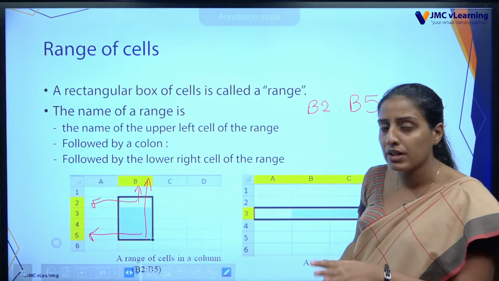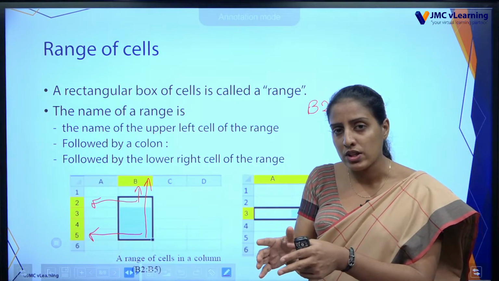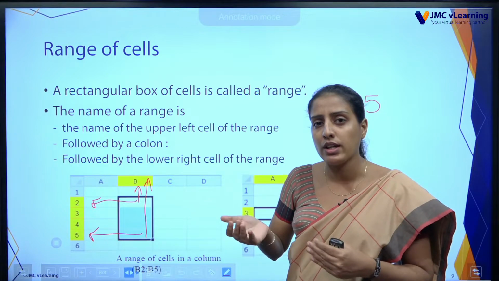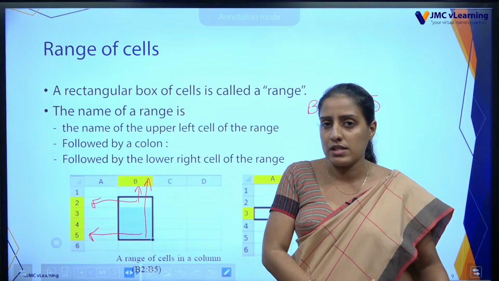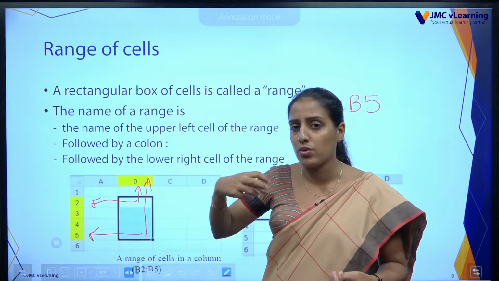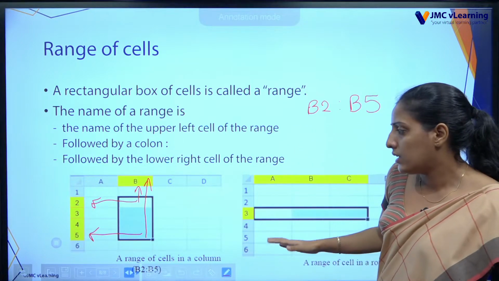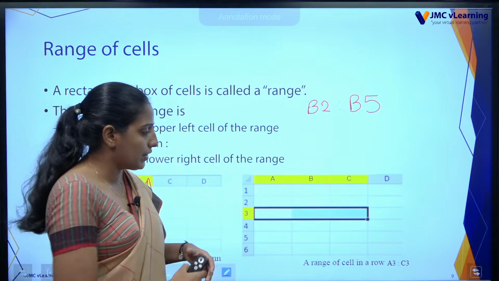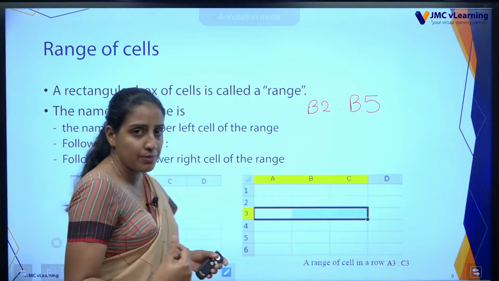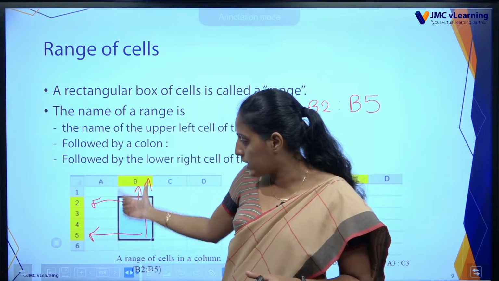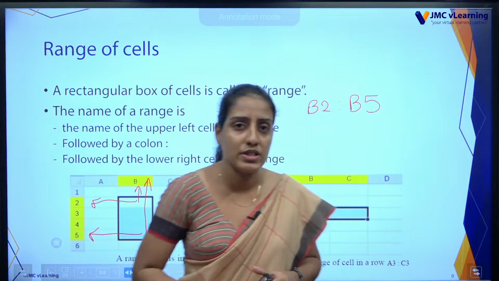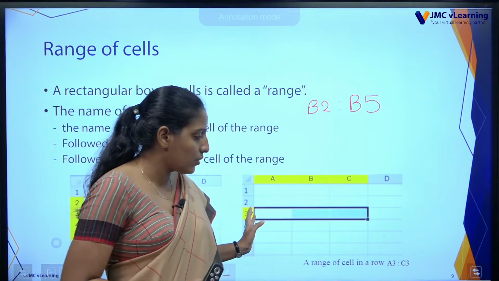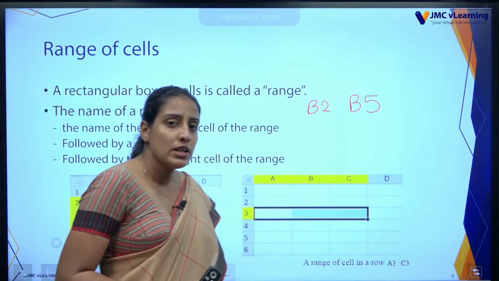Always remember, again I will tell you, first you have to select the top left cell, followed by a colon, then take the lowest right cell address. This is how to name a range of cells. Next example. In the previous one we took a vertical cell range. Now let us see how to take a horizontal cell range.